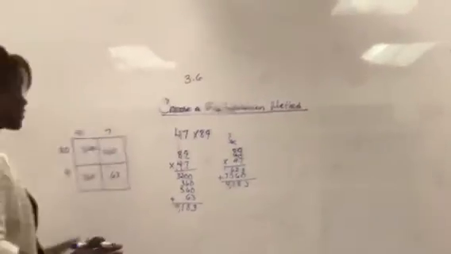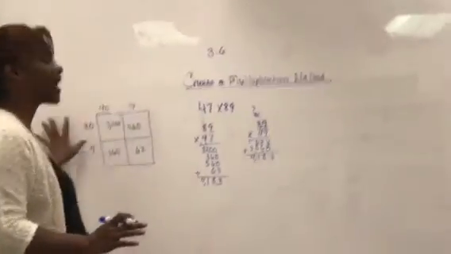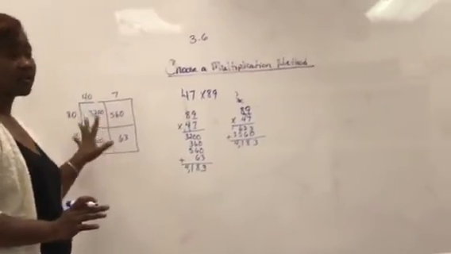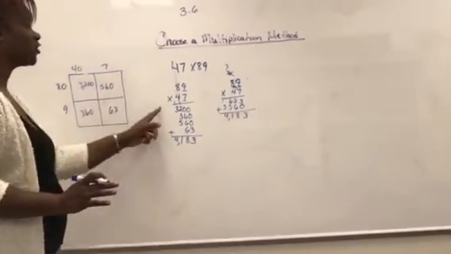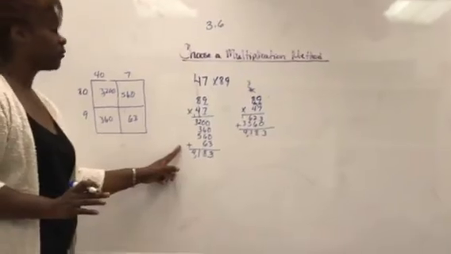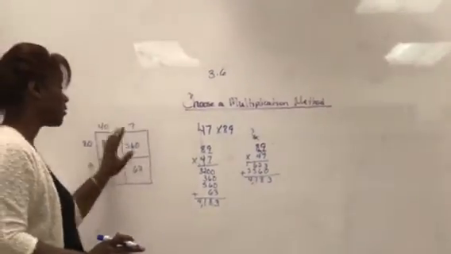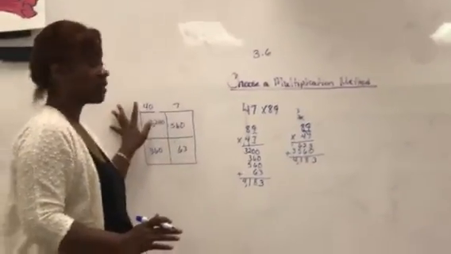It's like doing that, except we're not writing in the box. So keep that in mind. You're not making the box to guide you. You're kind of doing it in your head now. You should be to the point where you can do this without drawing the box.